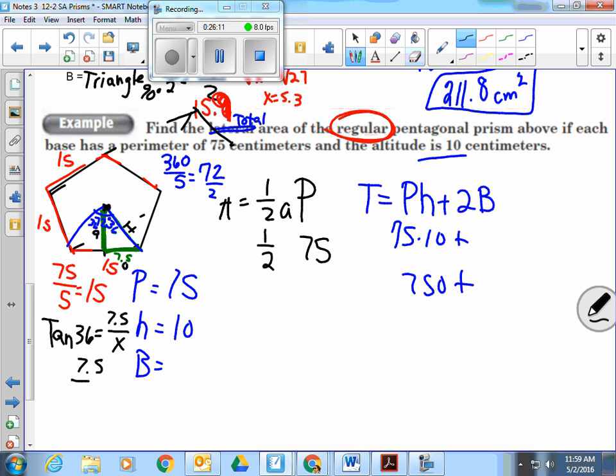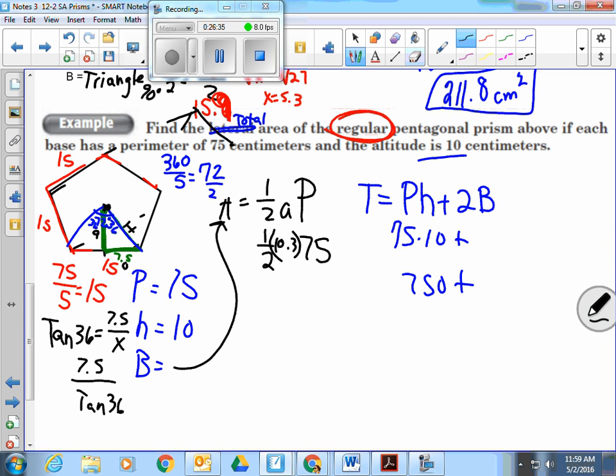7.5 is on top, so it's 7.5 divided by the tangent of 36. Remember to make sure your calculator is in degree mode. 7.5 divided by tan of 36 gives you 10.3, I believe. Is that right? Okay.